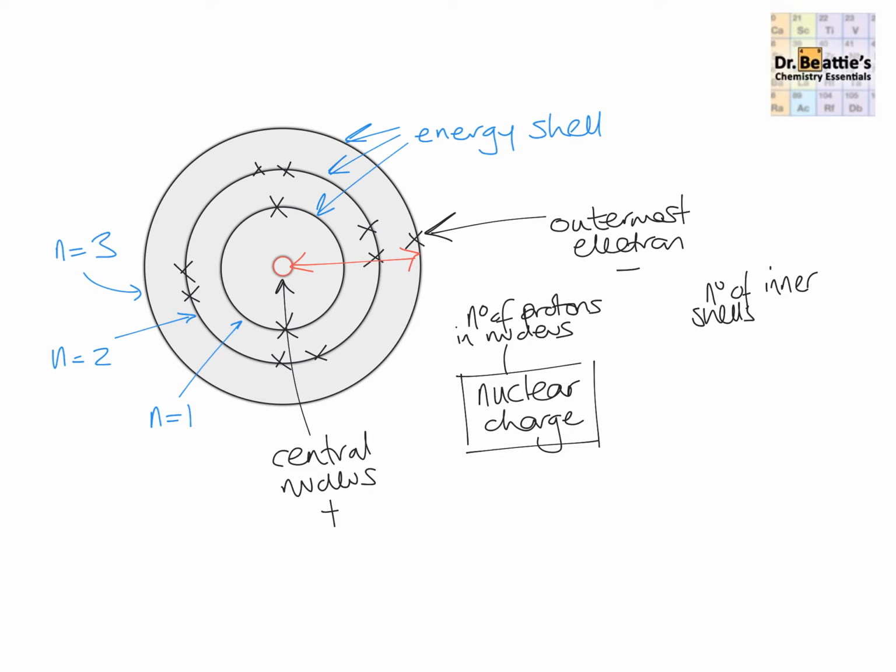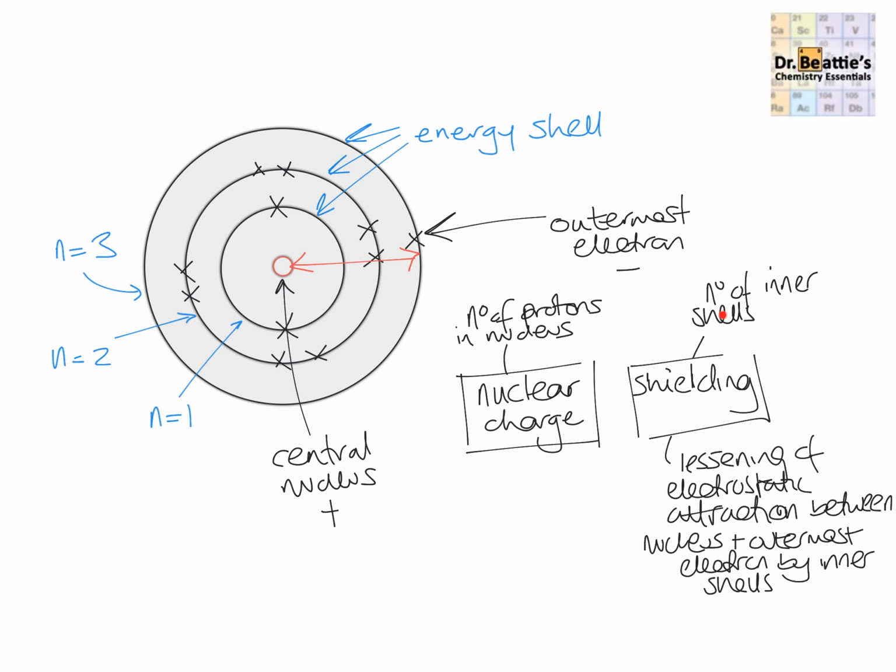Shielding is the idea that if we have more inner shells and their electrons, then these inner shells reduce the attraction between the positive nuclear charge and the outermost electron, because that positive charge is being shared out between more electrons on the way to that outermost electron feeling the electrostatic pull.